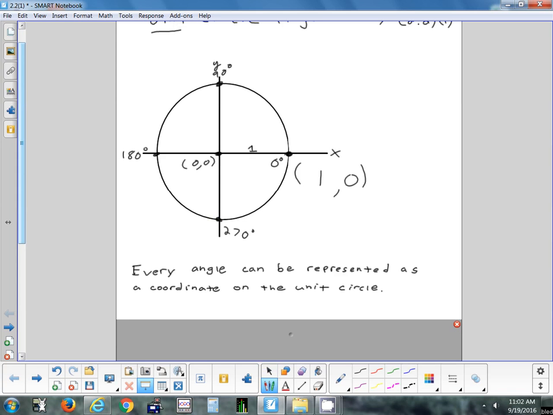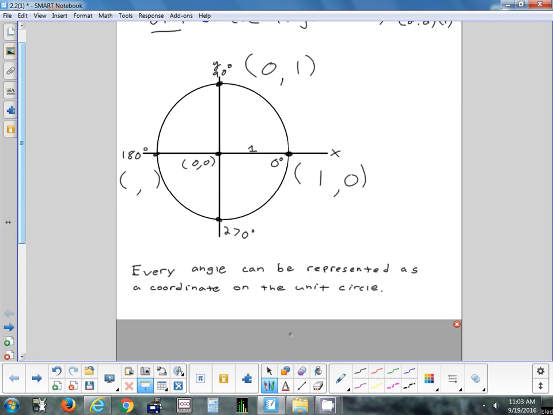How about for 90 degrees? Anyone think they can tell me a coordinate for 90? Paige? 0, 1. Yeah, it's just up 1 unit, and that's 0, 1. Skylar, how about the coordinate for 180?